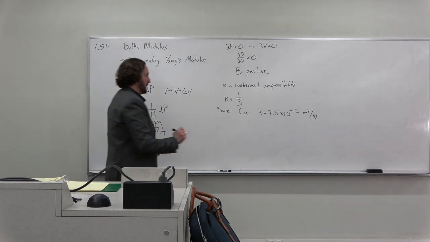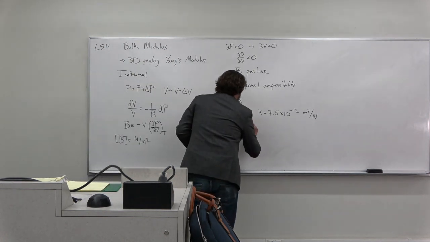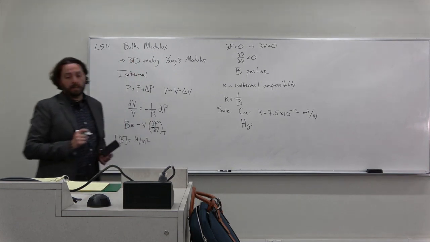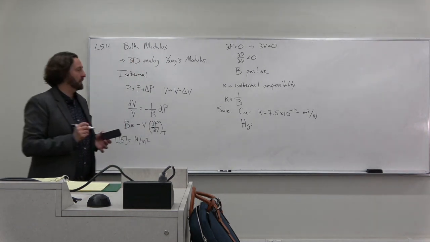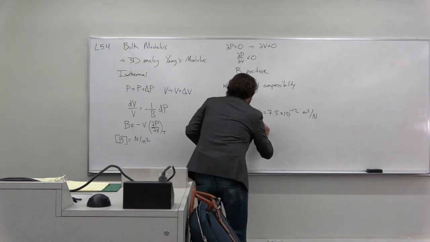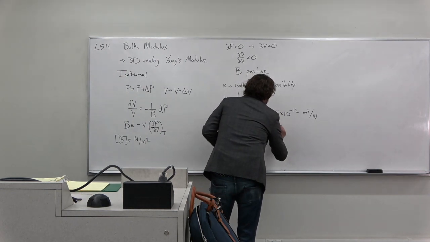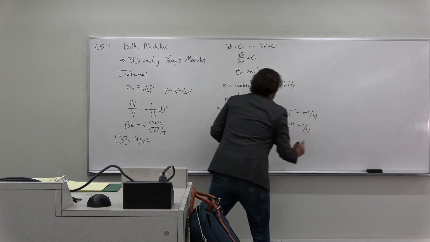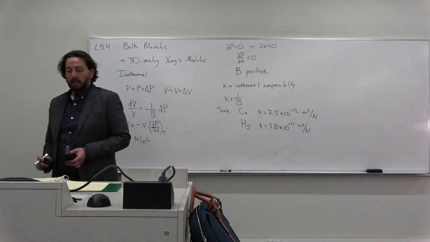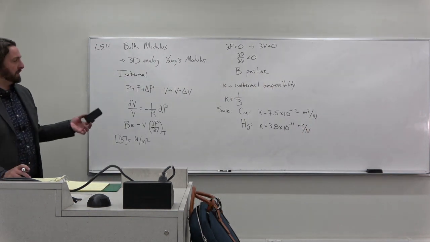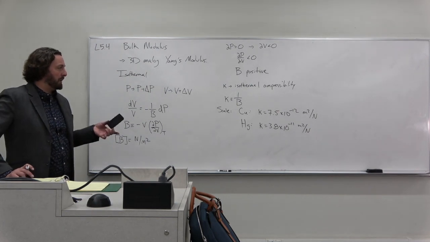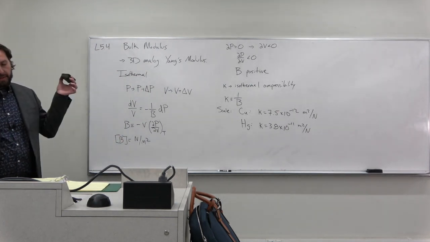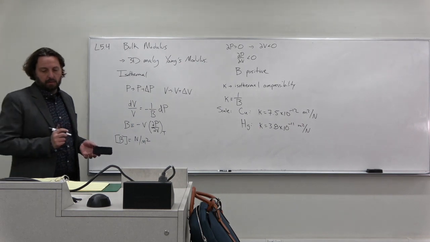So let's do mercury. How compressible is mercury compared to, say, copper? Well, it's 3.8 times 10 to the minus 11 meters squared per Newton. So it's almost an order of magnitude more compressible than copper. Makes sense, it's a liquid.